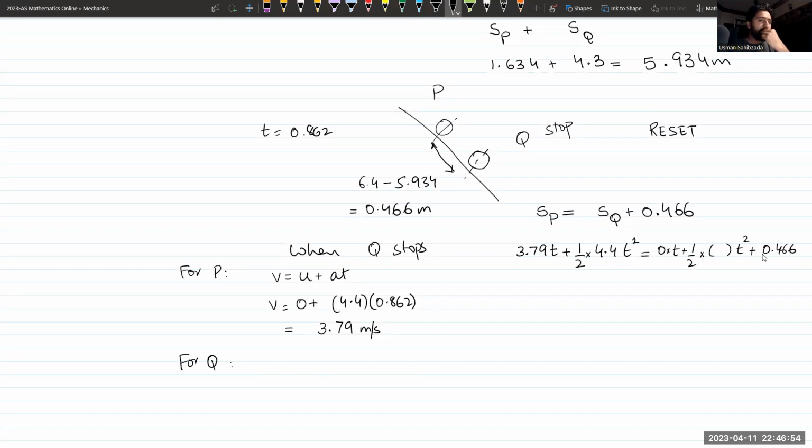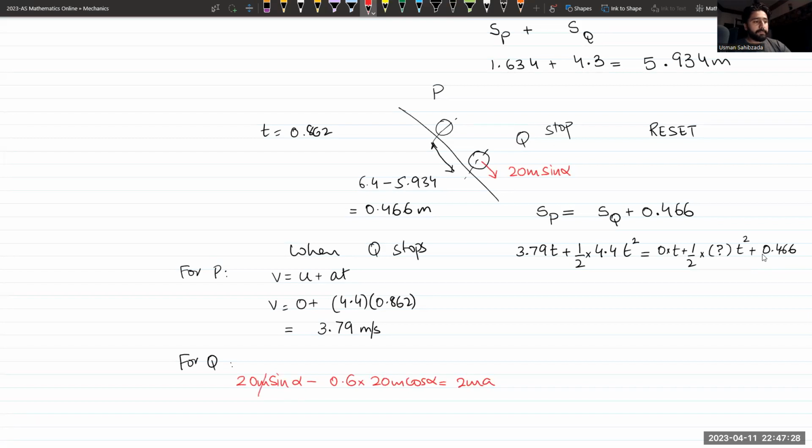Now, what will the acceleration of Q be? If you are wondering how we will find the acceleration of Q, you can use the same story: the weight component of Q, which is 20 m sine alpha, minus friction, which is mu R, which is 20 m cos alpha, is equal to 2 ma.